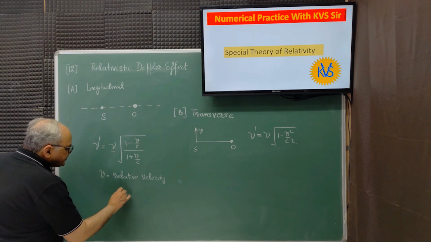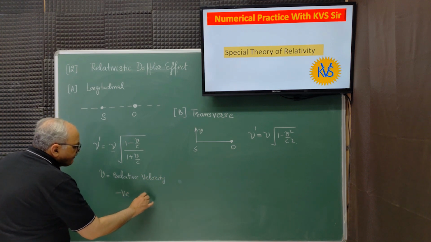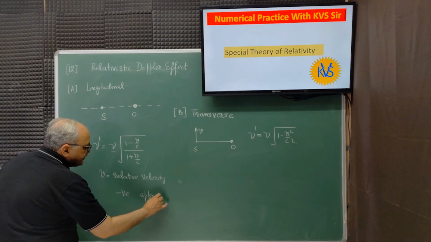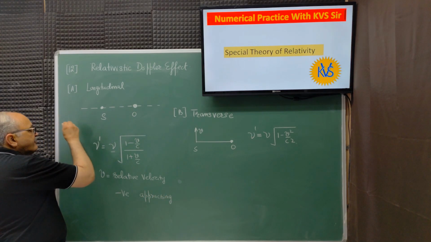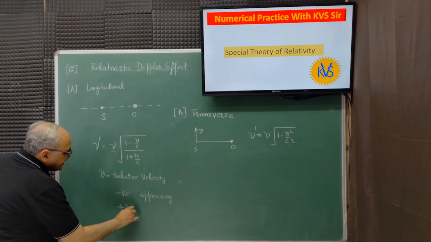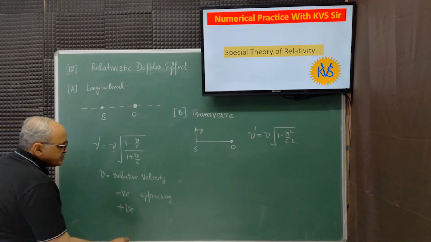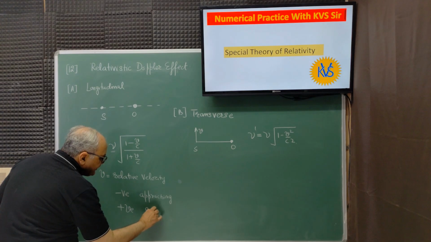This relative velocity is negative if they are approaching each other. But if they are going away from each other, then we take the relative velocity to be positive.